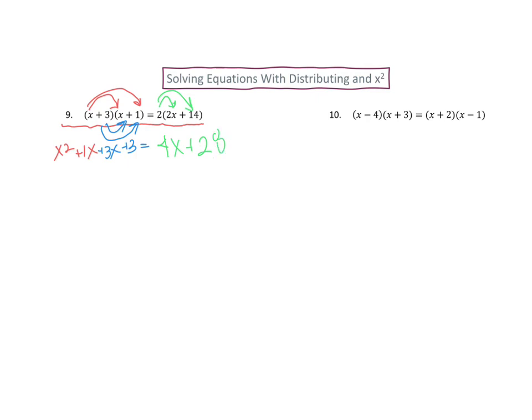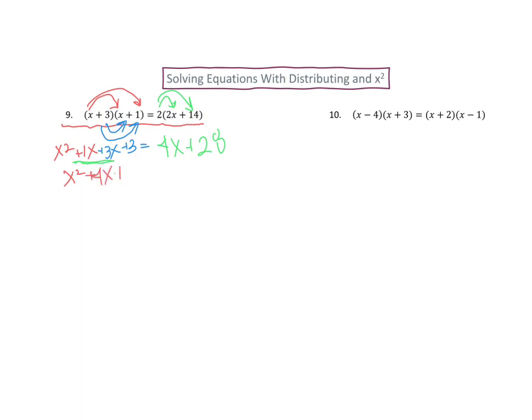So we've done our distribution, but remember, we always have to combine our like terms. I've got a 1x and a 3x here, so to sum that all up, it would be x squared, I'm just bringing that down, plus 4x, that's 1 plus 3, right?